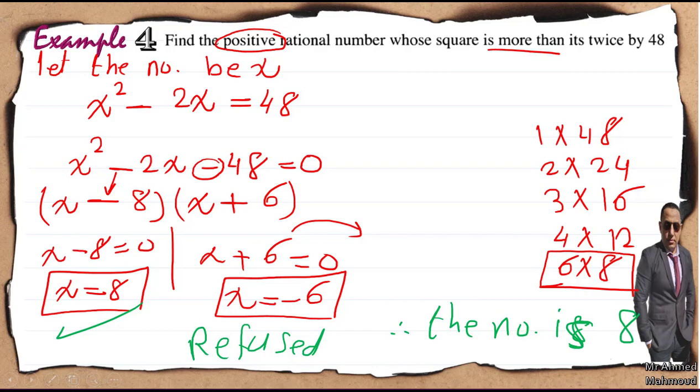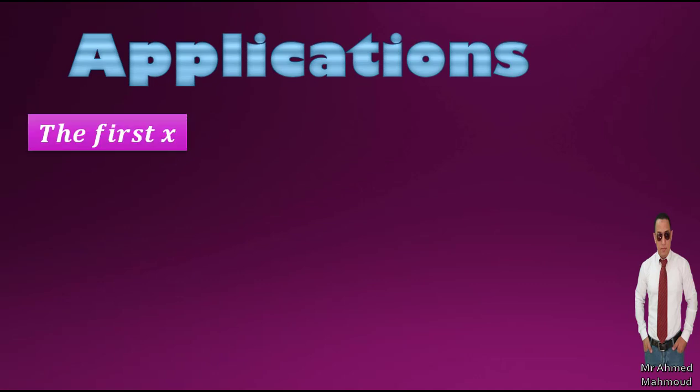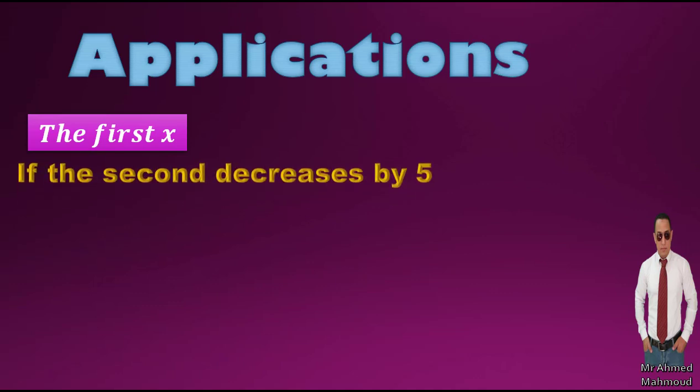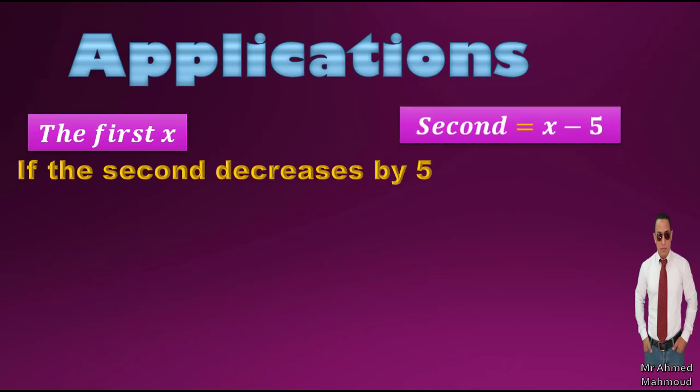Okay, now some keywords. Okay, if he asks me in the problem for two numbers, forever the first is x. Okay, the first number is x. Okay, if the second number decreases by 5, so the second will be x minus 5.